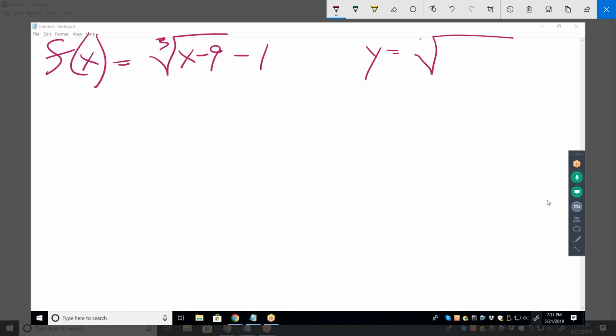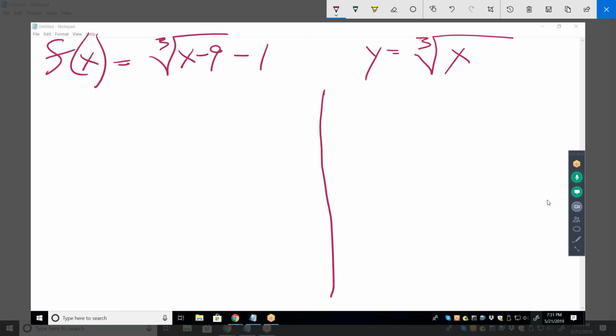Cube root of x. In other words, the cube root of x is an elementary function also. So is the 4th root, so is the 5th root, so is the 6th root. They're all elementary functions. The only ones they really give you at this point in algebra are the square root and the cube root as elementary functions.